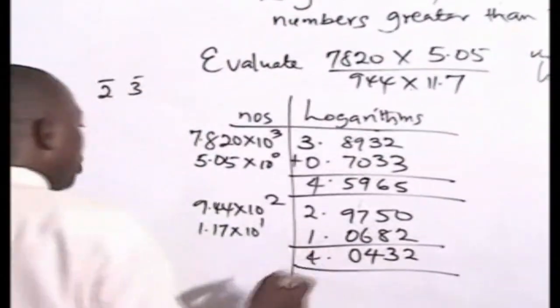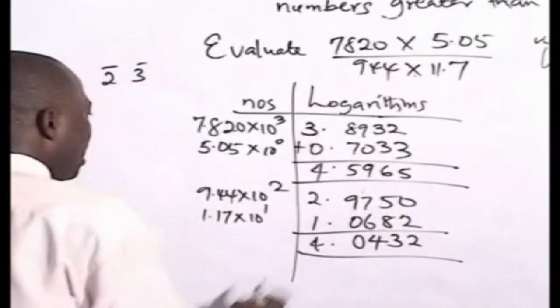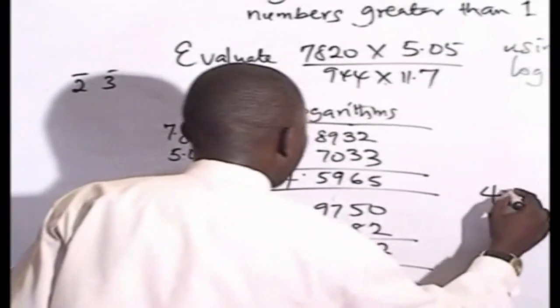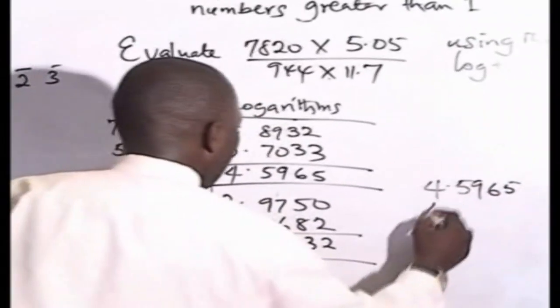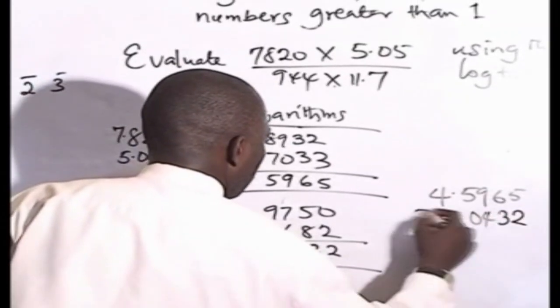The numerator, that means the addition of the two, is 4.5965. So what you then do, since there is a division sign between the both of them, you will now subtract this from this. So you can write 4.5965, and then 4.0432.